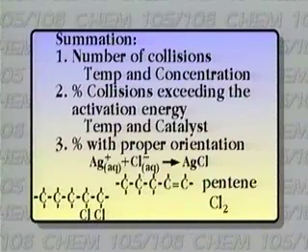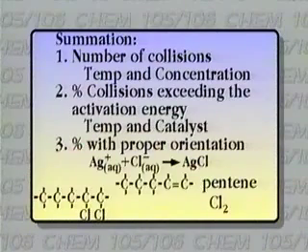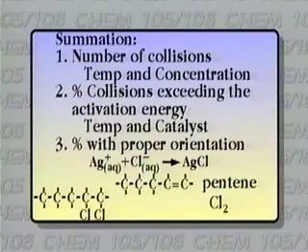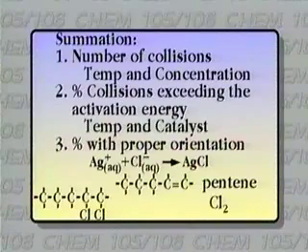It's only if the collision occurs at the site that has the carbon-carbon double bond do we have any probability of a reaction occurring. And so this is what we mean by then proper orientation, that when the collision occurs, it is colliding in the place where the chemical process could occur.